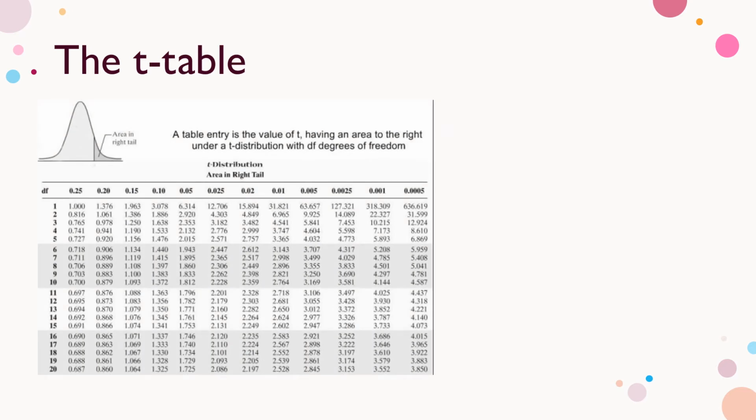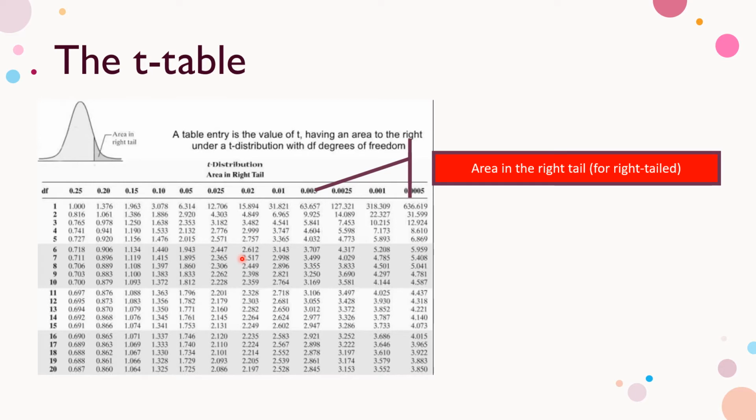So an example is shown here, and we can see that this t-table shows the areas in the right tail only of a t-distribution. You can also find online the areas in the left tail, or different formats of a t-table. But if you compare their values, they have the same values.